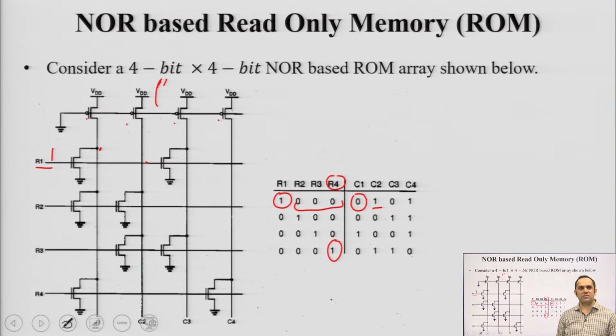So, the presence of an active device allows you to write 0, absence of an active device allows you to write 1. Okay. How to access a particular row? You make that particular row equal to logic 1, so that way you access it. And at any given point of time you can only access one row, right. So, that row which you are accessing has to be at logic 1.